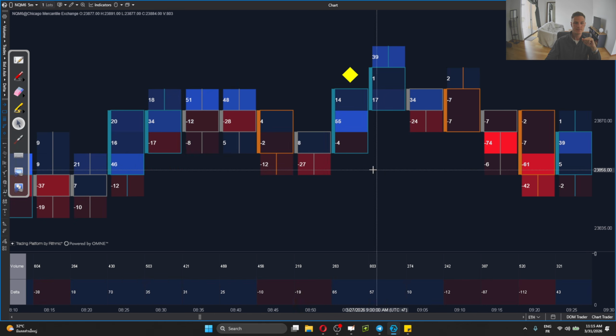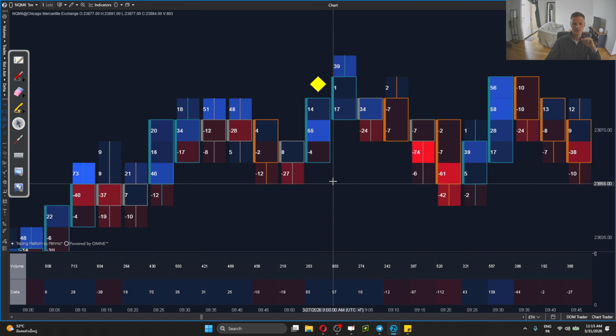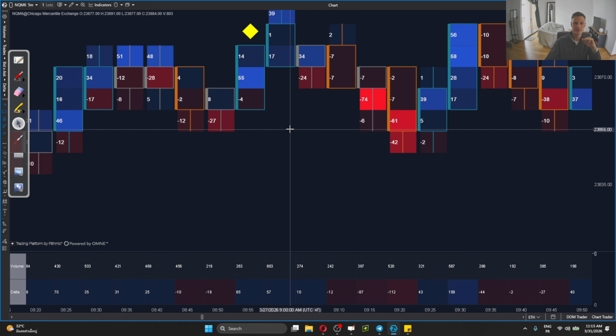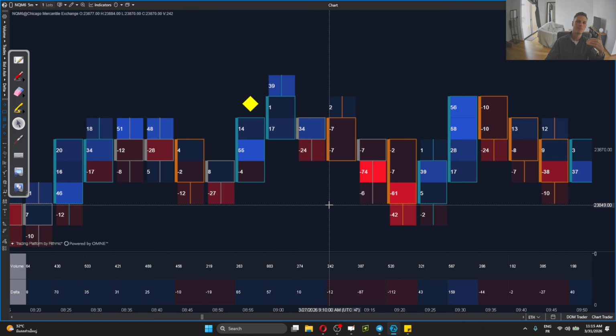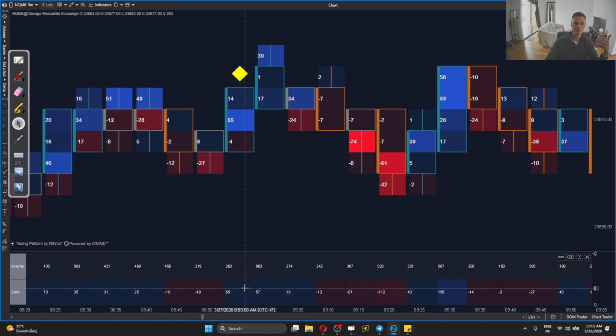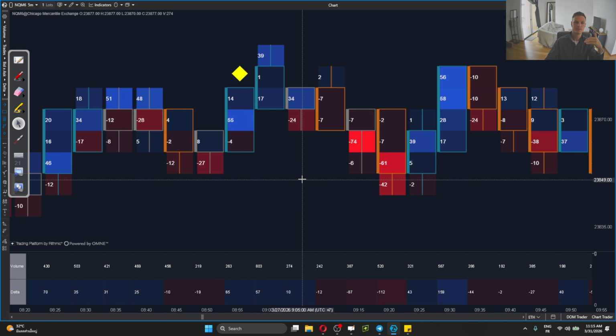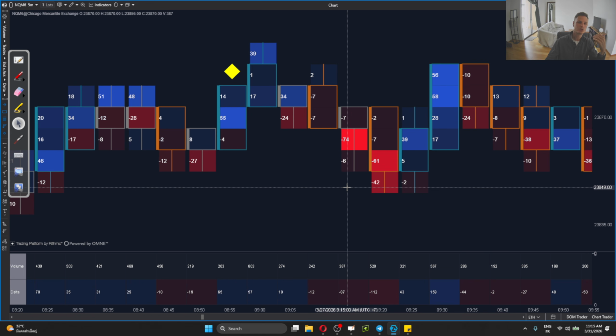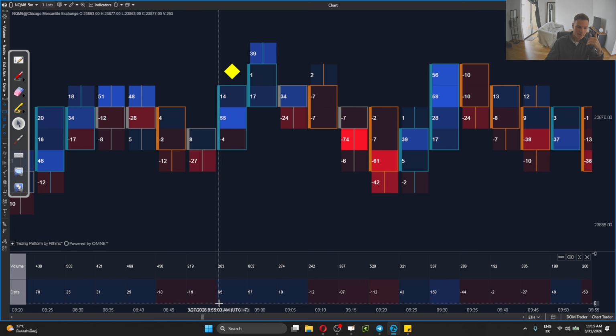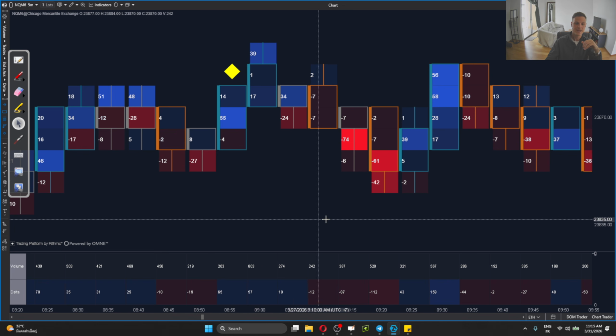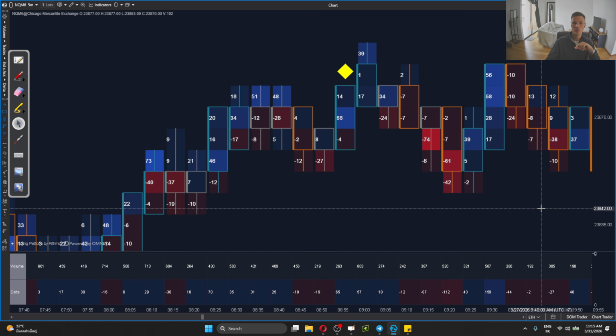So here we had a blue candle, and we had more buyers than sellers, so everything makes sense, right? We've had more buyers, we went up. Simple, okay? Now I want to show you an example where even though we have positive delta, the candle is not necessarily going to be blue. It might, in fact, be red.